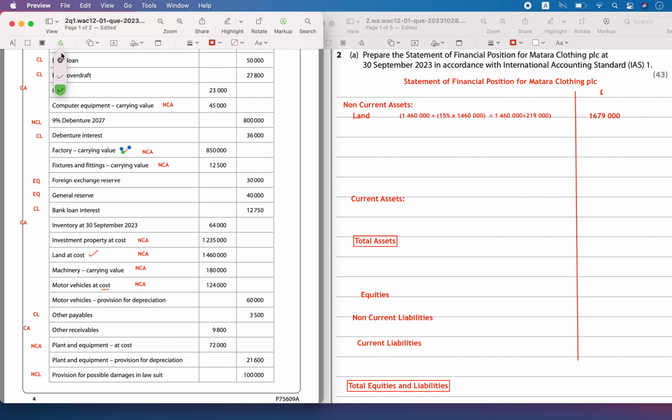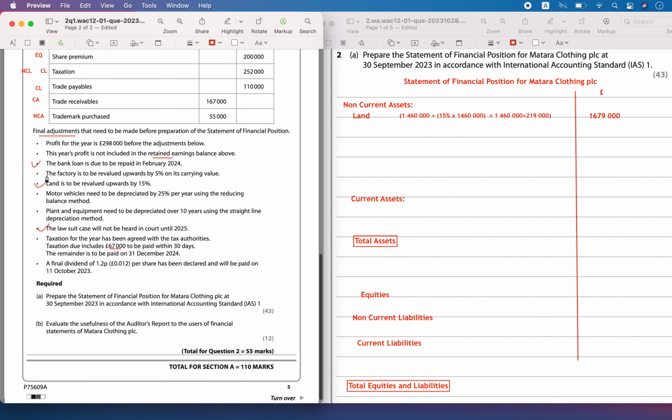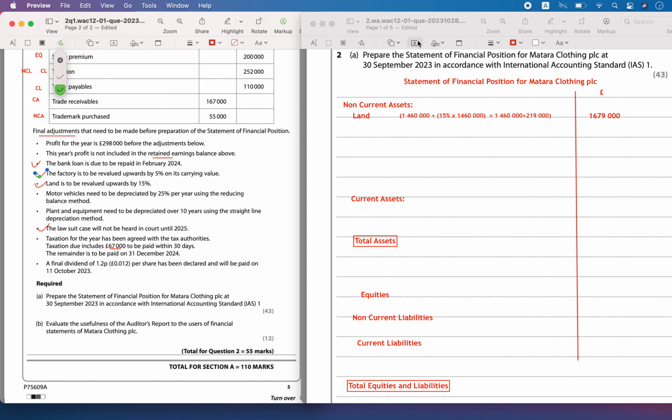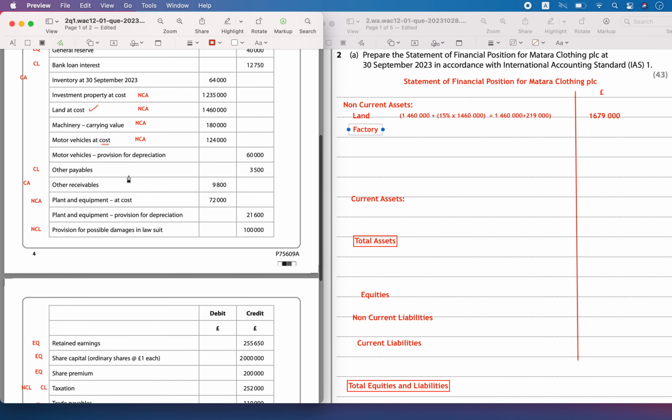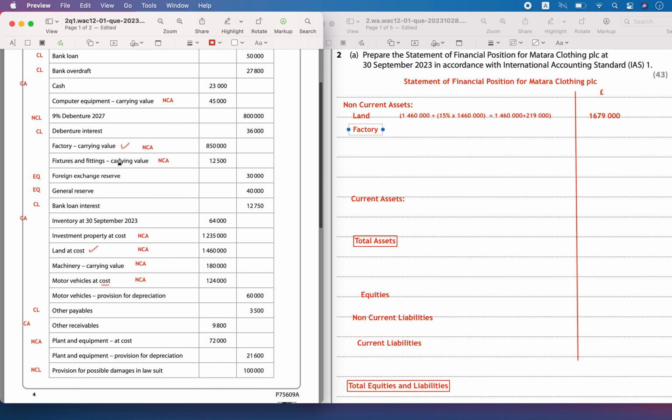The factory is also going to be revalued. It is 850,000 and this was revalued by 5% on its carrying value. So let's write it here. The next one is going to be factory, and then let's write all the names and then calculate.